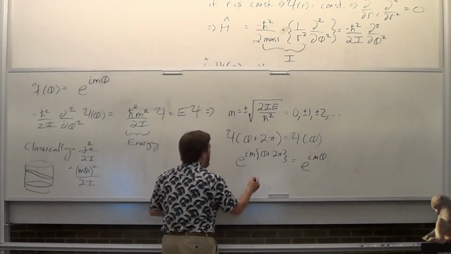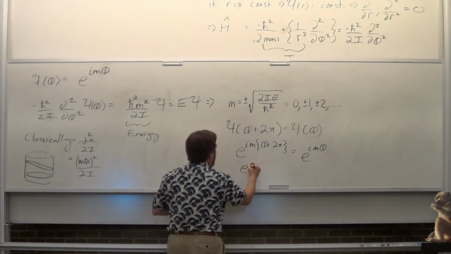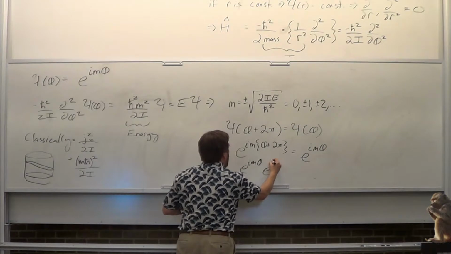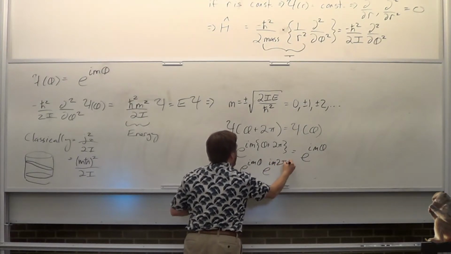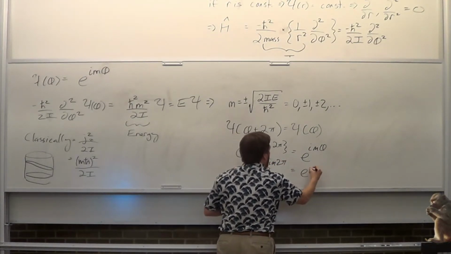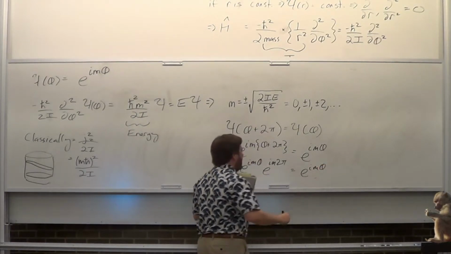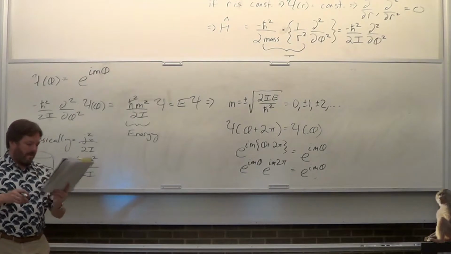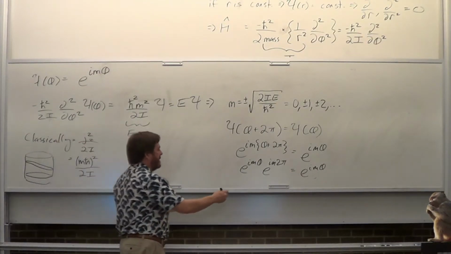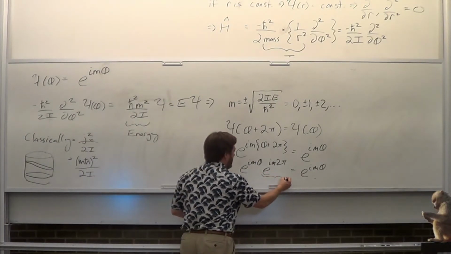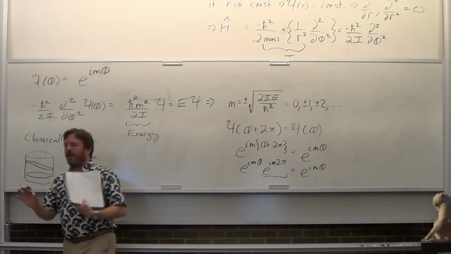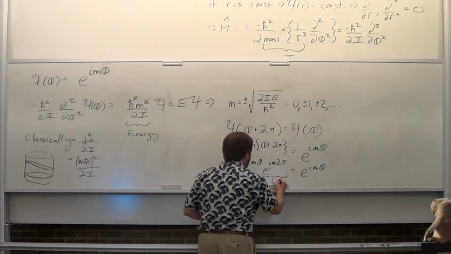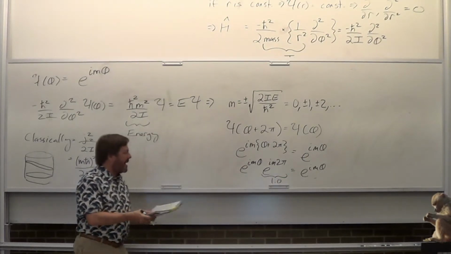Now, basic knowledge of exponentials: e to the i m phi times e to the i m 2 pi is equal to e to the i m phi, which means that this thing has to be what? It has to be 1. Right, 1. So now I've got a boundary condition.